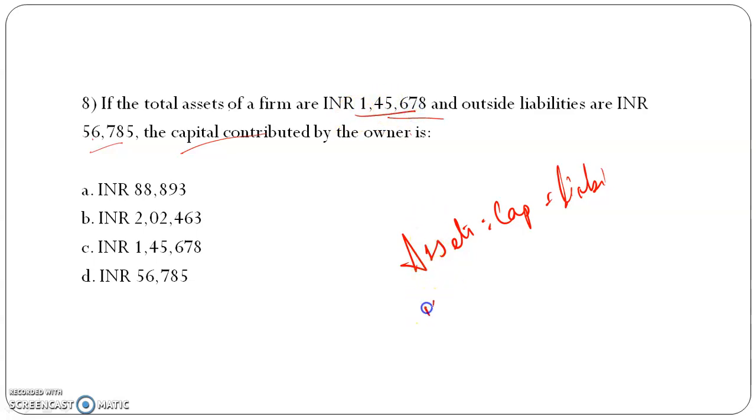That means 1,45,678 is there. And we don't have capital, but we have liability, that is 56,785. So you can easily find out the capital by deducting your liability from your assets. You will get the capital. So what will be the correct answer? The correct answer will be 88,893. That will be the correct answer, capital. Okay.